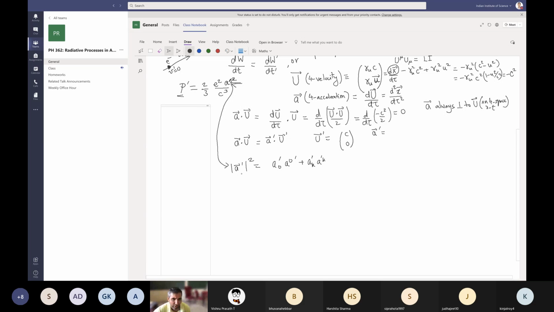I'm just writing it in a 4-vector form. Let me see, so one should be minus, no? Yes, this one is minus.